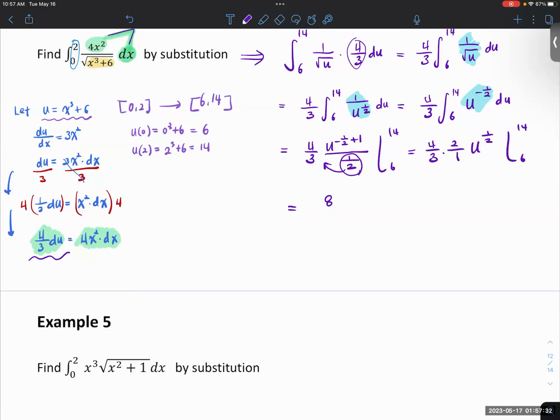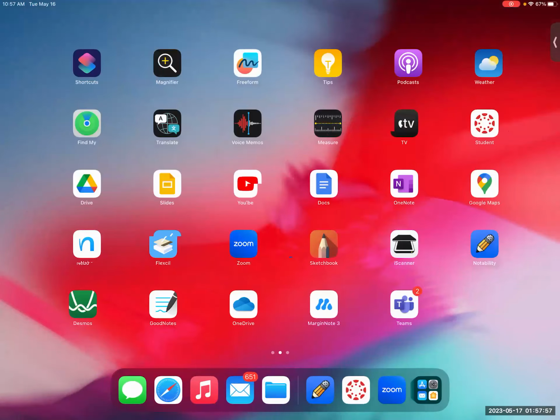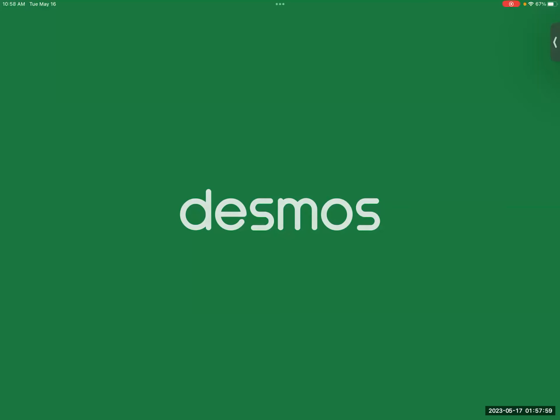Therefore 8 over 3 u to the 1 over 2, from 6 to 14. That means capital 14 minus capital 6. So then we have 8 over 3 times 14 to the 1 over 2, minus 8 over 3 times 6 to the 1 over 2. So this calculation is a little bit ugly. If I go to decimal, you can simply type that equation.